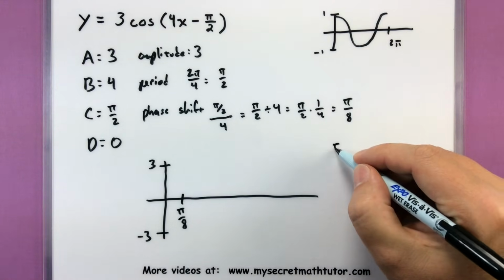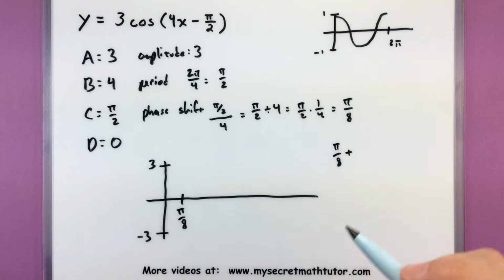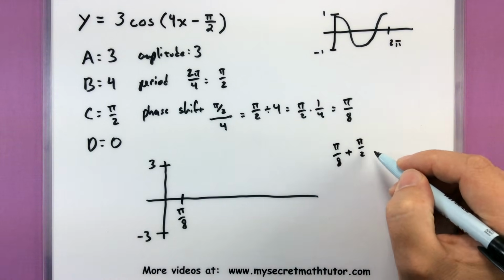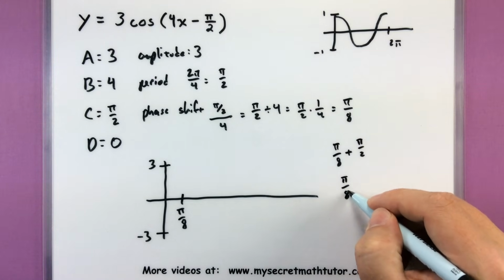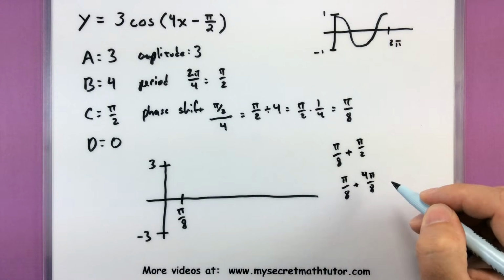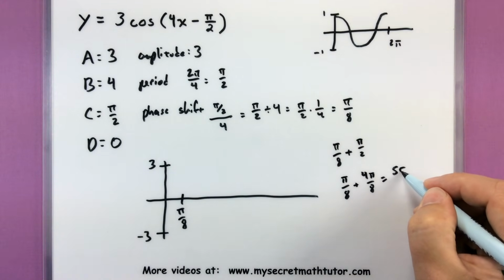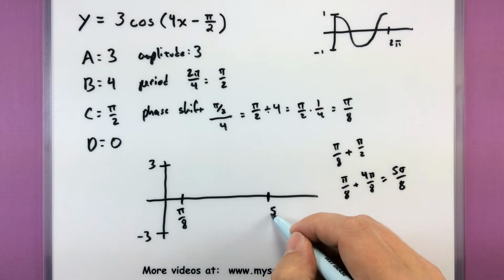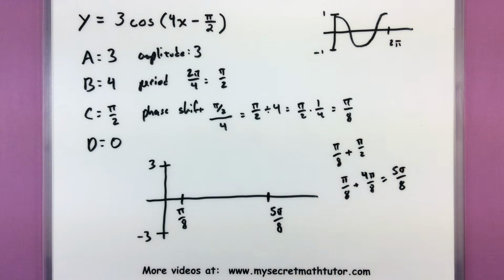So I think of taking pi over 8, and I add one complete period to it. Our period is pi over 2. So pi over 8 plus 4 pi over 8 is 5 pi over 8. Let's put that over here at 5 pi over 8.